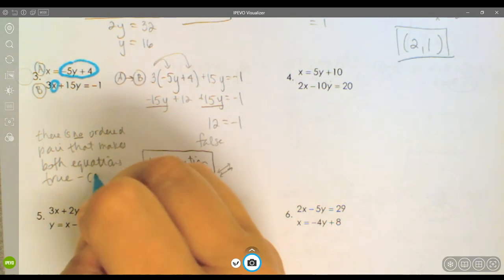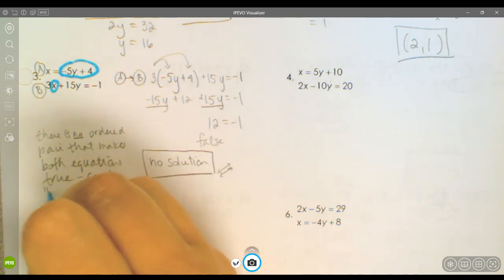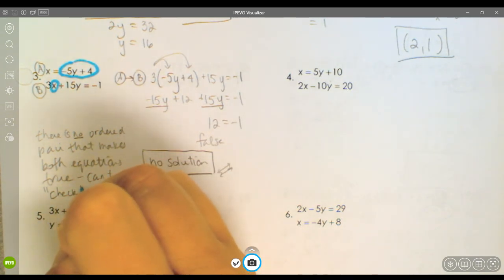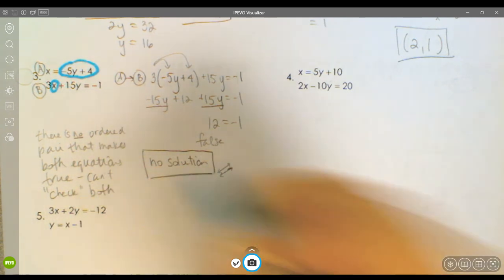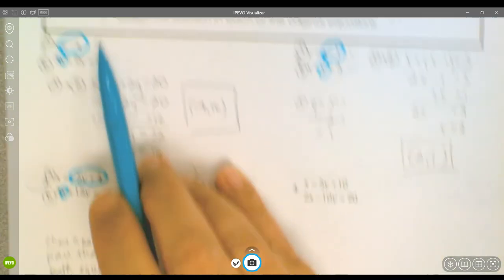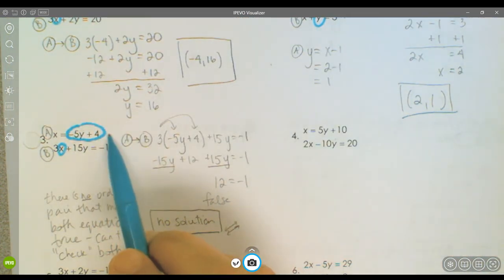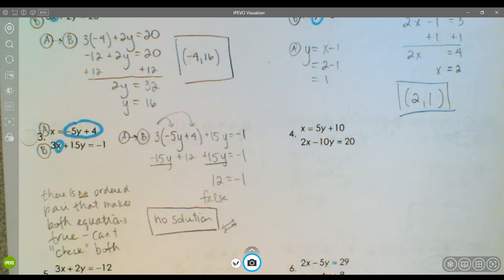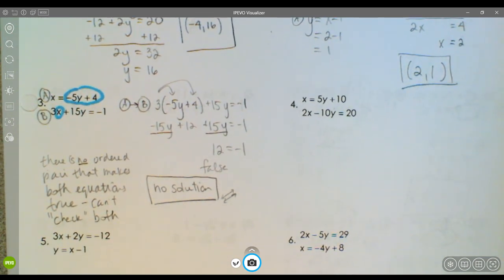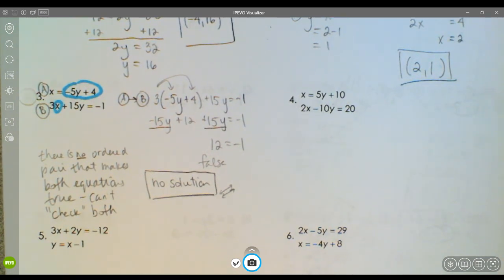You can't check both. You know how I substituted up here? Check, check, and then I check. Well, it may check one of these, but it will not check the other one. That's what I mean by no solution.